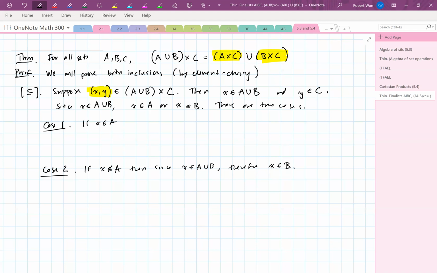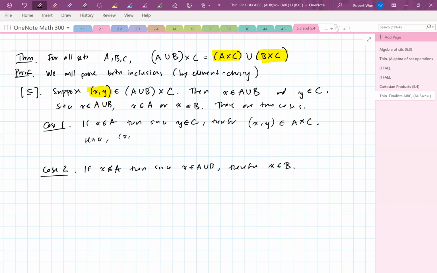Okay, well, if x is in A, then since we know that y is in C, therefore x comma y is in A cross C. That's the definition of A cross C, all ordered pairs where the first thing is in A and the second thing is in C. So x comma y certainly satisfy that.